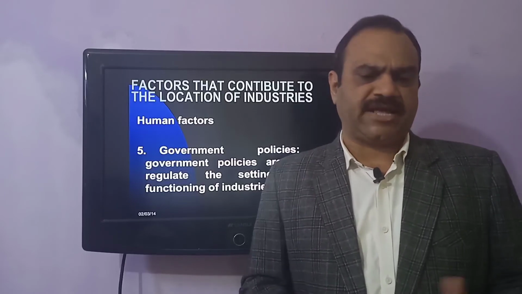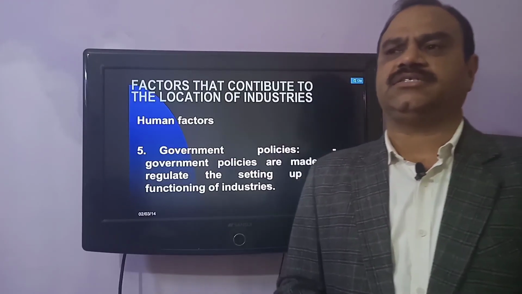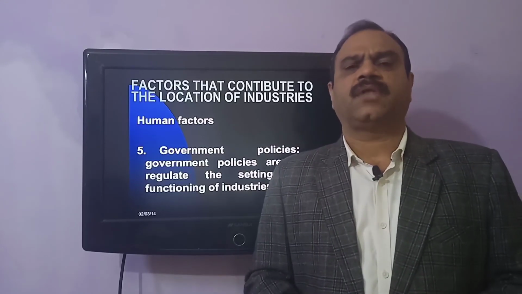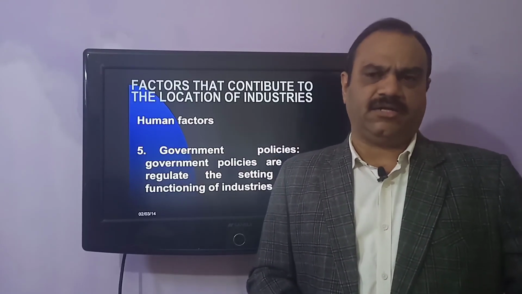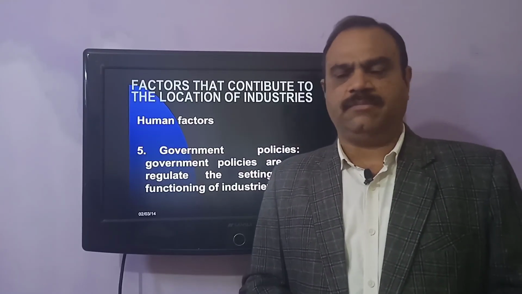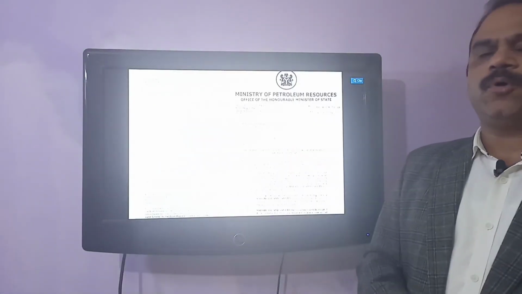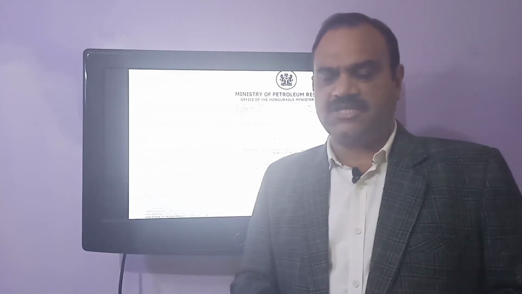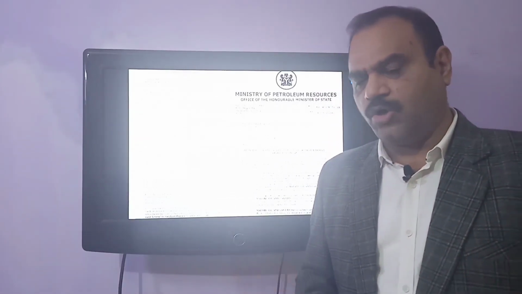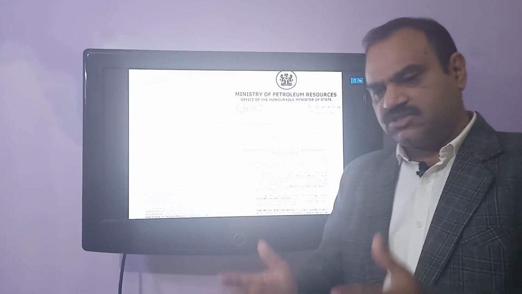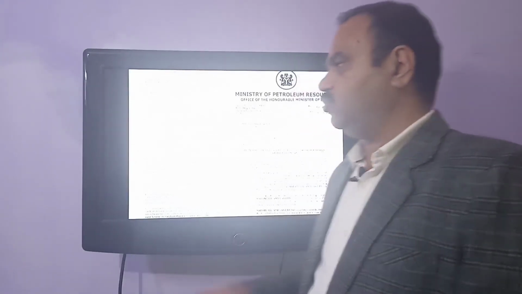For that purpose, tax holidays are given to the industrialists, single window clearance, and other benefits like land and flexible labor law, etc. So these things also play a very important role in location of the industries. If the government adopts flexible policies for industrial development, we see that the clusters of industries are located at those places.